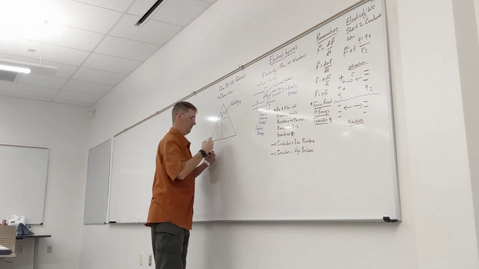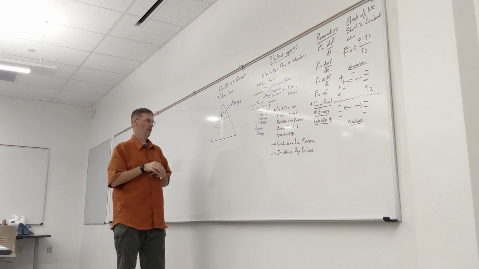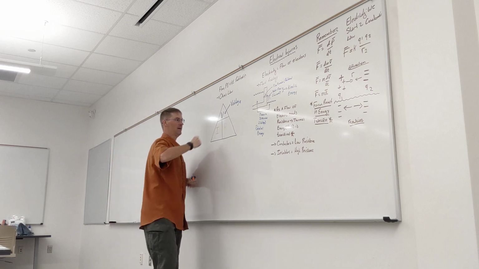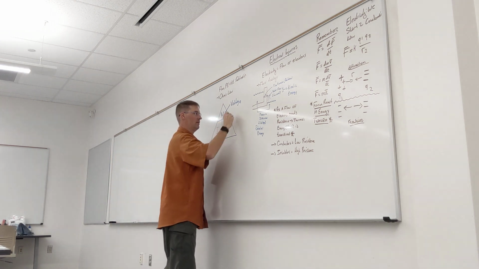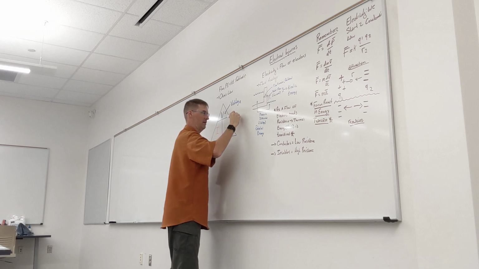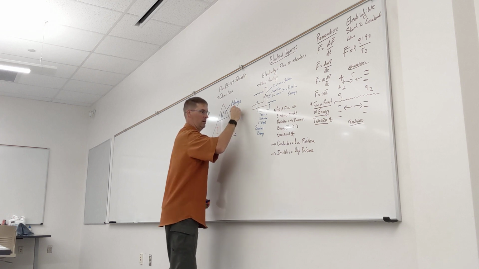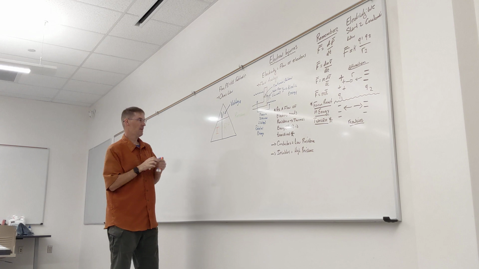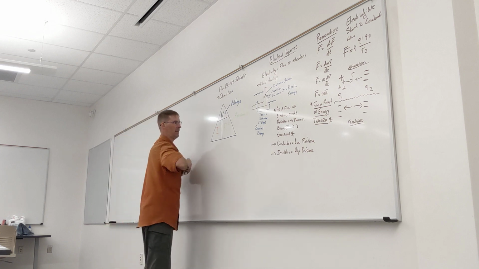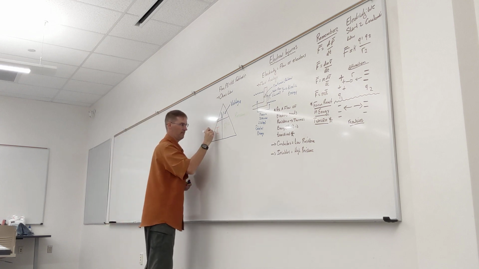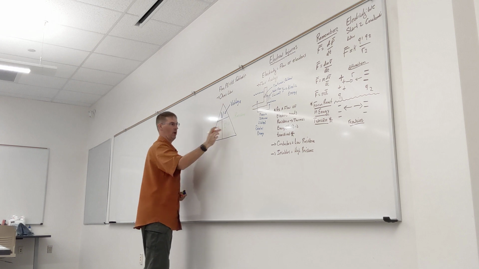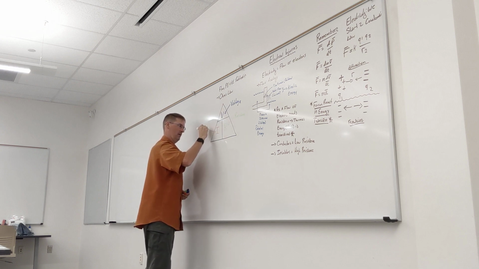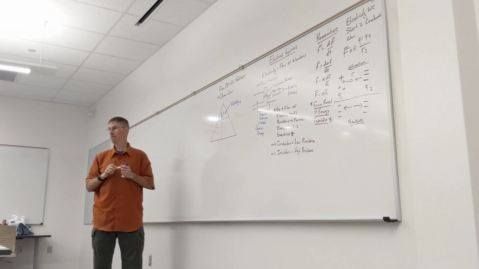The R on the bottom right is the resistance. And the I on the bottom left is current. These are symbols: R is resistance, V is voltage, and I is current. All right, so far so good?